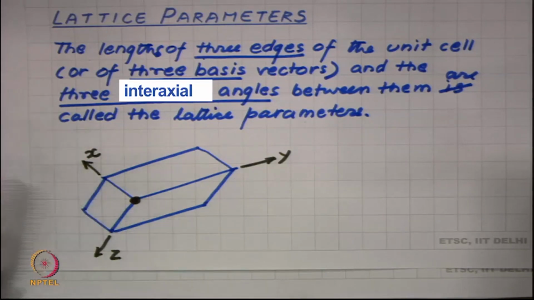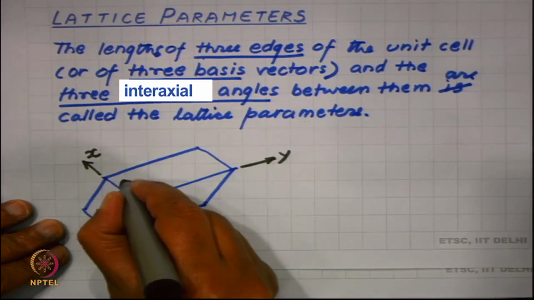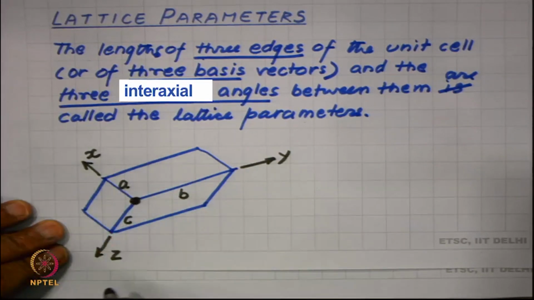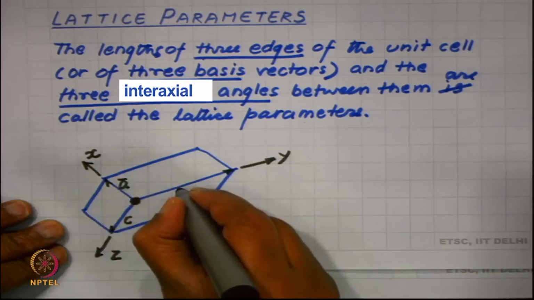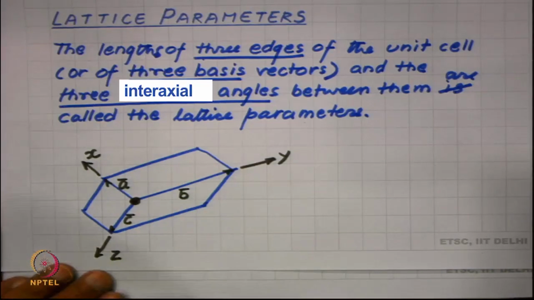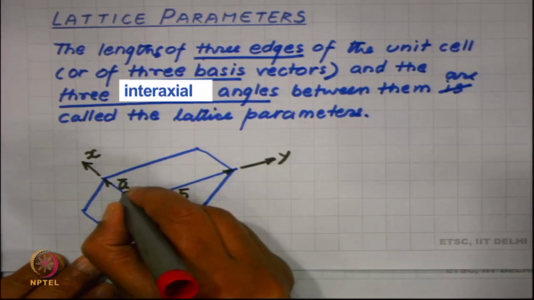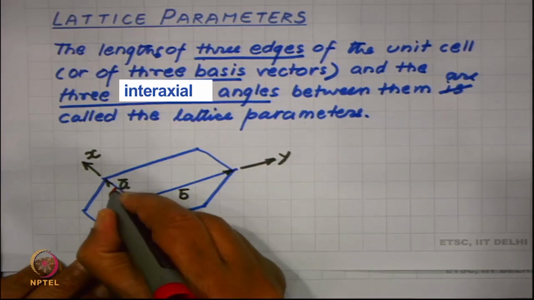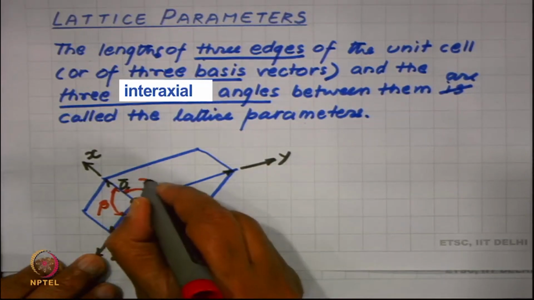They are not necessarily orthogonal, and the corresponding lengths A, B and C are also not necessarily equal, and we have three angles: angle between B and C alpha, angle between A and C beta, and angle between A and B gamma.